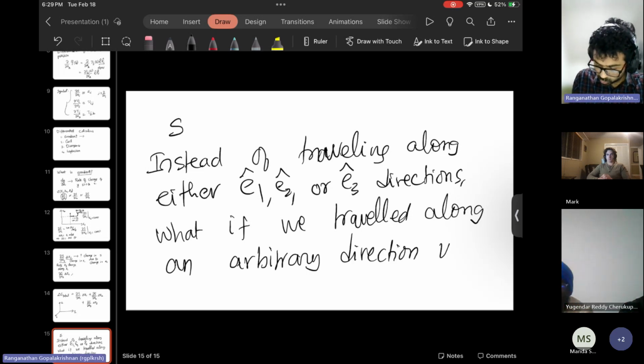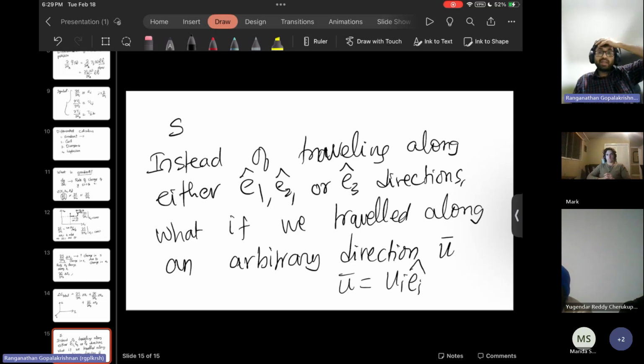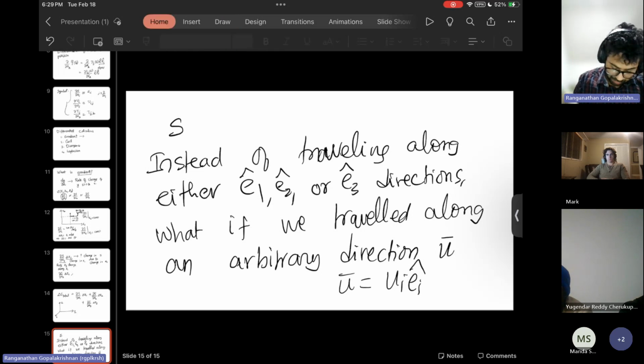We'll call it U, where you can write U is Ui ei cap. I can define any direction by its components. Instead of traveling along the x-axis or y-axis or z-axis, what if I just travel in some random direction U? That's the question.